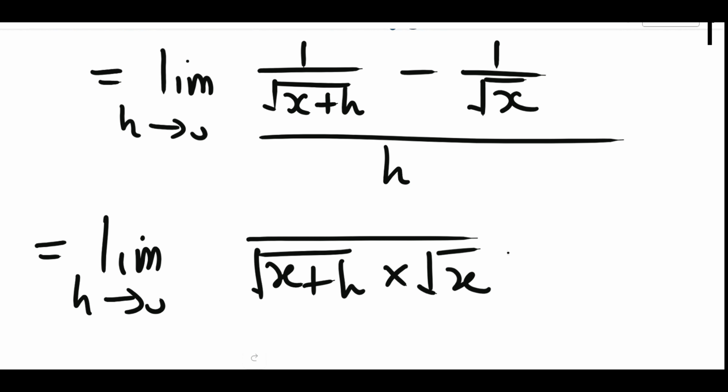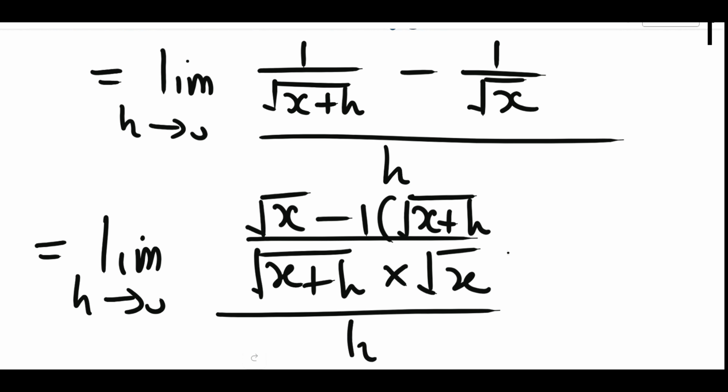When the denominator of the first fraction divides the LCM, we are left with the square root of x. So square root of x times 1 is the same as square root of x. When the second denominator divides the LCM, we get square root of x plus h as the result. So we use it to multiply the numerator, which is negative 1. So negative 1 outside, then square root of x plus h. Then all divided by h.